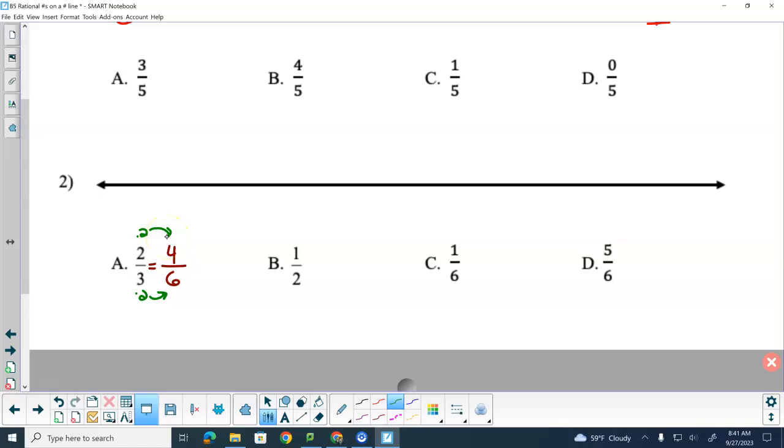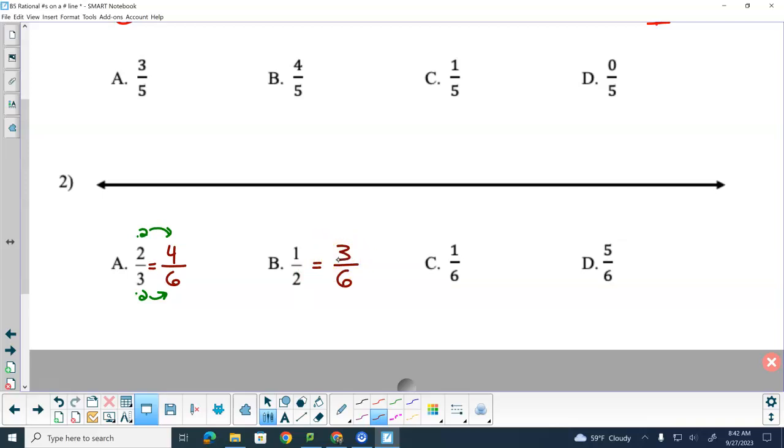What is 1/2 in a fraction that has a denominator of 6? So what is the fraction? 3/6. Do you all agree with 3/6?